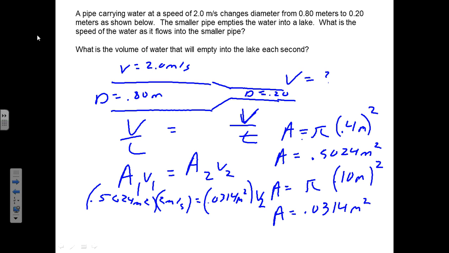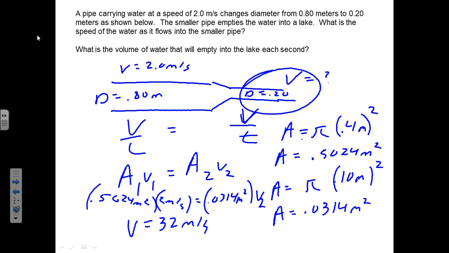So we're going to divide both sides by 0.0314 and then solve. So 0.5024 times 2 divided by 0.0314. And we end up with a velocity of 32 meters per second. And that's how fast the fluid is going to be flowing in this small section of pipe.